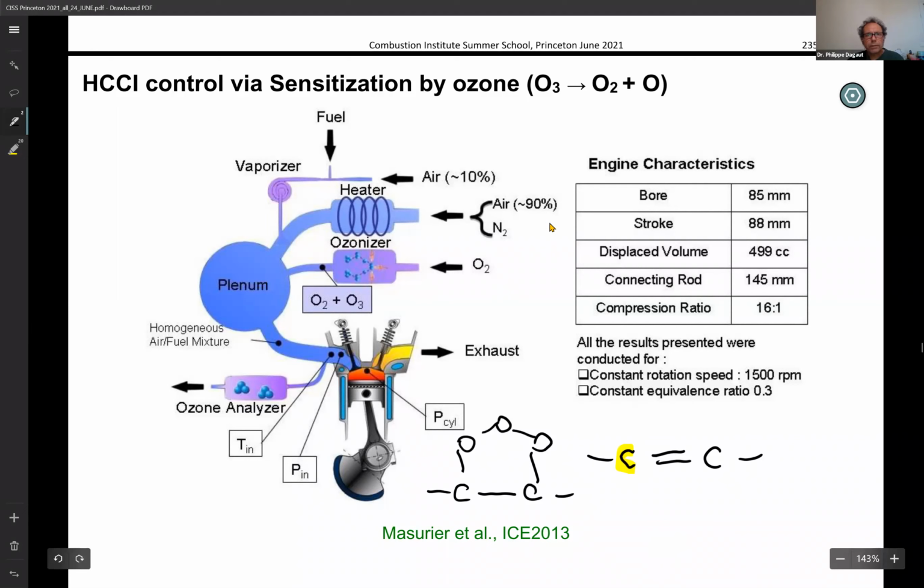So here we did some experiments using a piston engine where we burned a hydrocarbon and sent ozone, produced in an ozonizer, together with air to the plenum, and then we introduce these in the engine.